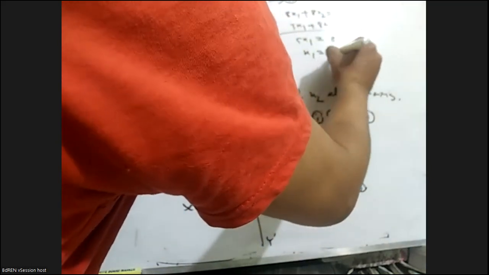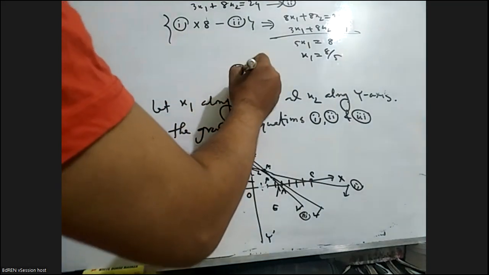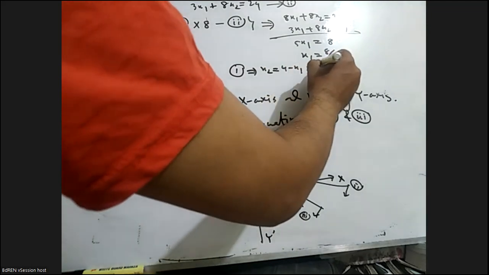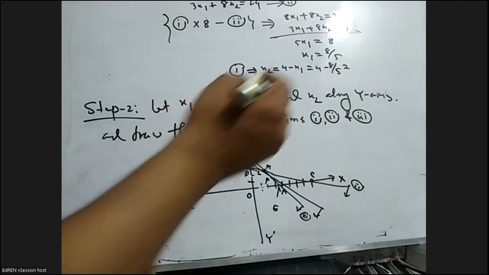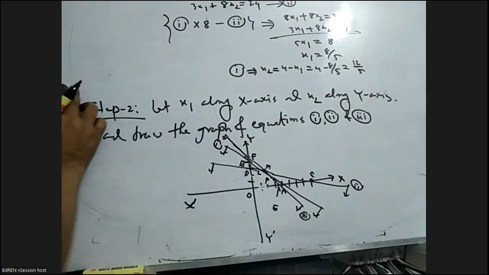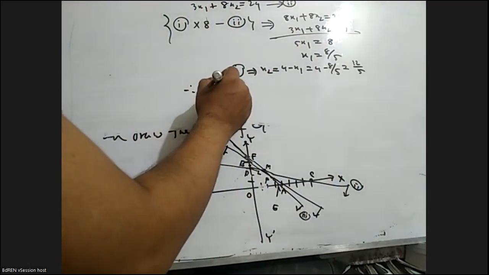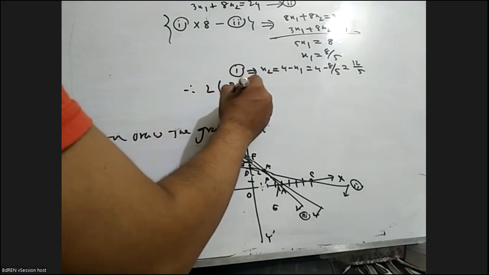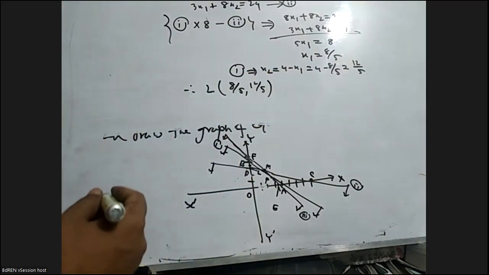So x1 equals what? 8 by 5. Now putting the value of x1 in equation 1, x2 equals 4 minus 8 by 5 equals 12 by 5. Therefore, the L coordinate will be 8 by 5, 12 by 5.